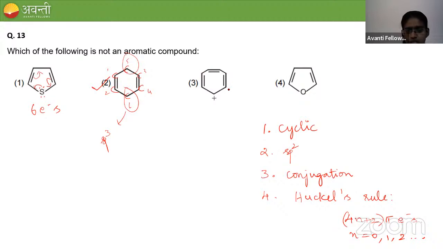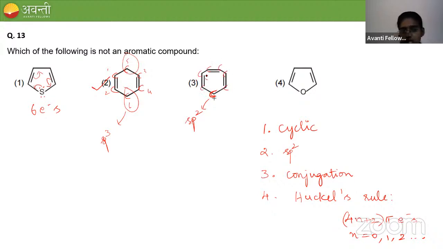Compound number 3 is the cycloheptatrienyl cation. It is cyclic. It is sp2. All the atoms are sp2 hybridized. And you can ask, this carbon is not having a double bond and all. But it is a carbocation, right? The hybridization of a carbocation is sp2. So all the atoms are sp2 hybridized carbon atoms.